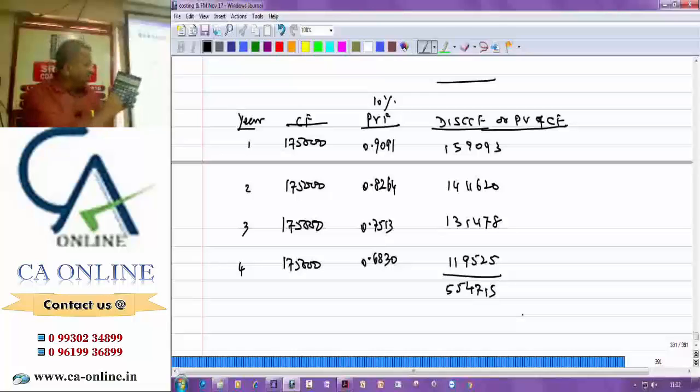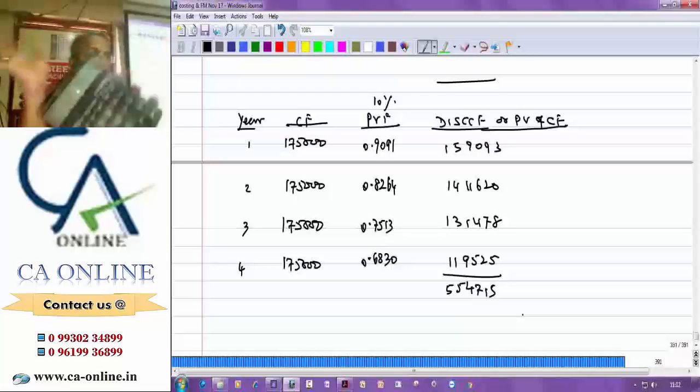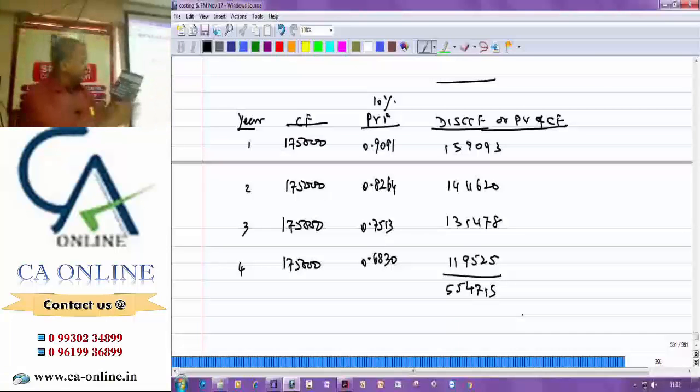Just see, 1,75,000 into 0.9091. Correct? Equal to. I have written 159,093. Next, 1,75,000. I have not pressed memory. Please just check. No secret operations. Okay? Into 0.8264. What is the number displayed? 144,620.